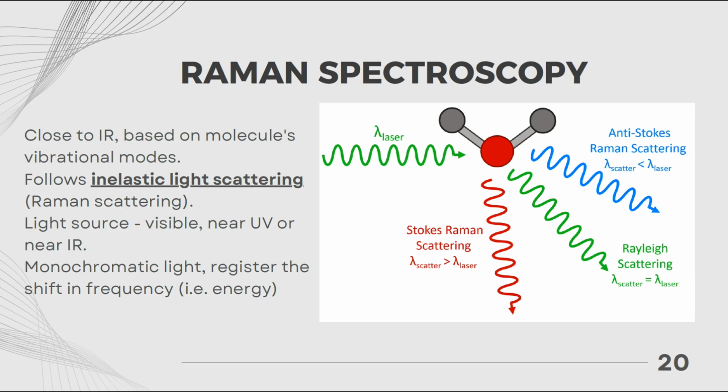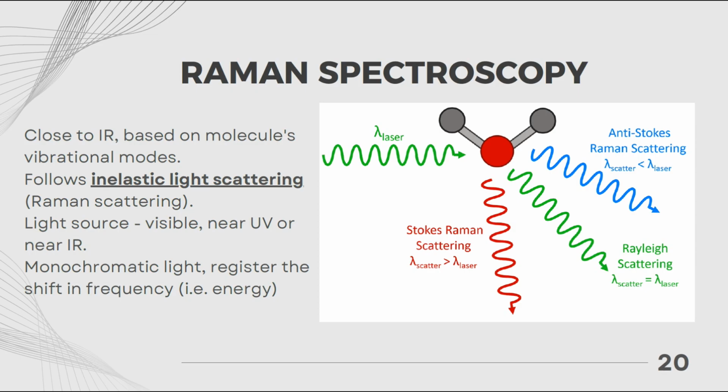In Raman spectroscopy, oppositely to infrared, where we have a spectrum, we use only monochromatic light. Monochromatic light is produced by a laser. Laser is an abbreviation, I cannot recall it now. After this radiation interacts with a molecule, it may scatter.